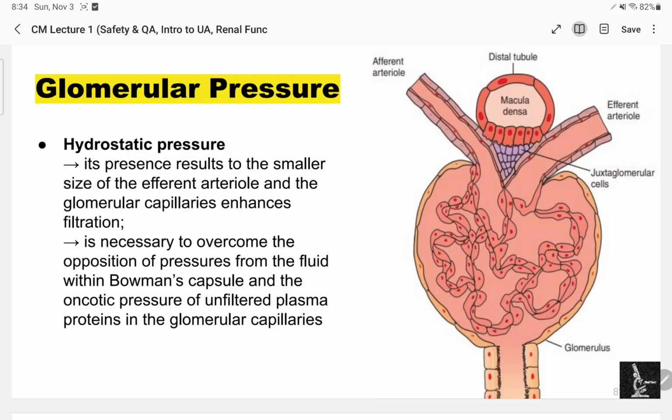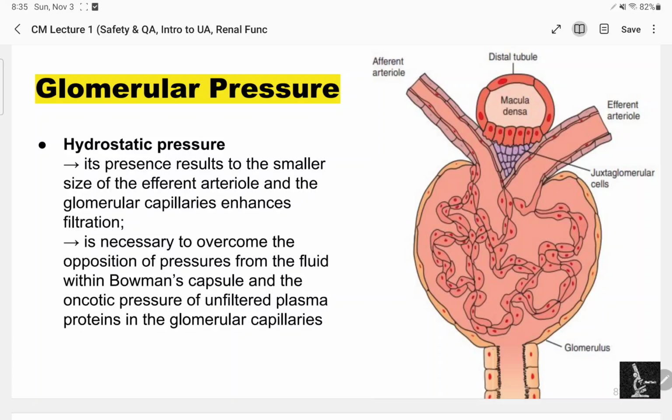Okay? Because if it lowers, it can lead to hypoxia. Your kidneys become hypoxic, and your kidney gets damaged. So what is amazing about our kidney is that it has its own system to make sure that even if our blood pressure and blood volume fluctuate, the kidney is not damaged.